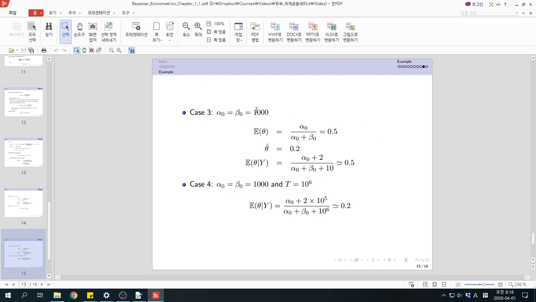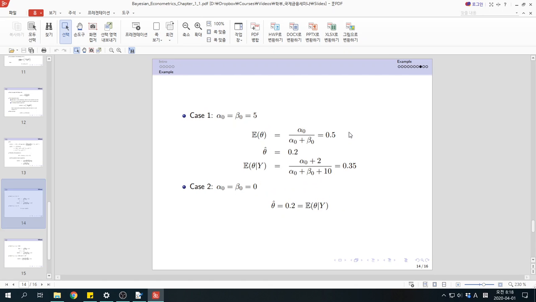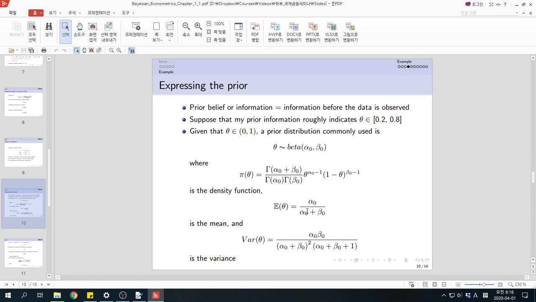Now suppose alpha 0 and beta 0 are both 1,000. It means what? The prior mean is still 0.5, right? But your prior is very strong. Why? Let's go back to here. Your prior mean is still 0.5, but the variance of theta will be smaller compared to the case that alpha 0 and beta 0 are both 5.